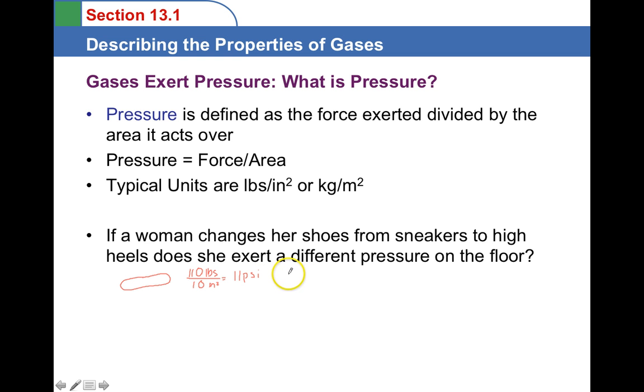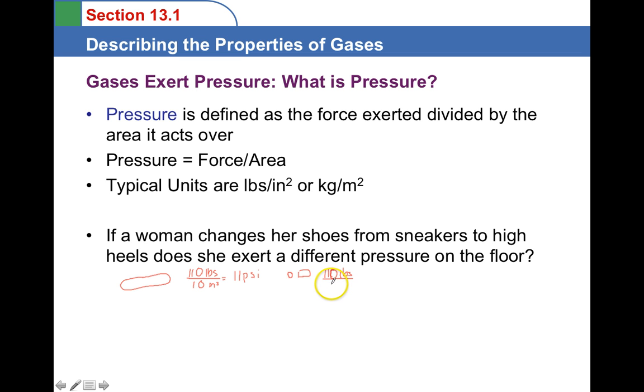If this same woman puts on a pair of high heels, there's the heel, here's the front portion of her shoe. We could easily say that the surface area of shoe hitting the floor has been reduced by half. So the same woman has the same force. Your weight is the force of gravity pulling you towards the earth.